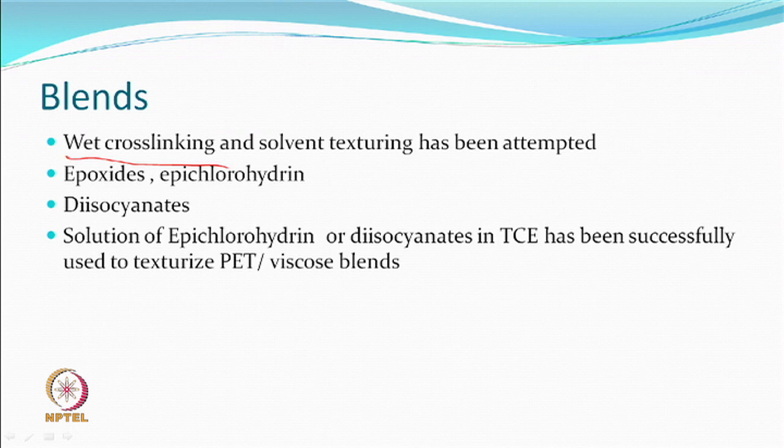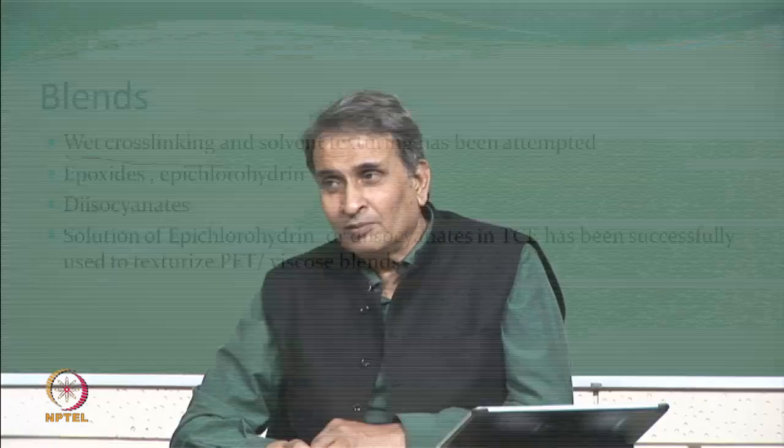Let us say epoxide, one example is epichlorohydrin, it can make cross-links in a wet state. Diisocyanate we also said can, and diisocyanate does not like water, right, but it can be dissolved in organic solvents. So, if there is an organic solvent which interacts with one part of the blend, let us say polyester, epichlorohydrin in that solvent, if done correctly, will do the cross-linking.